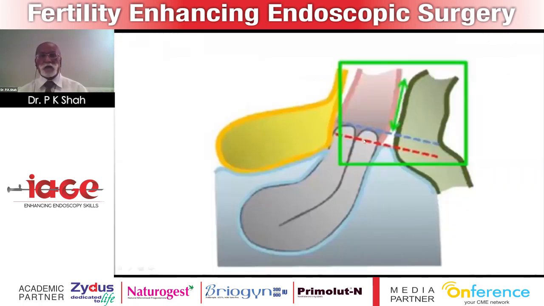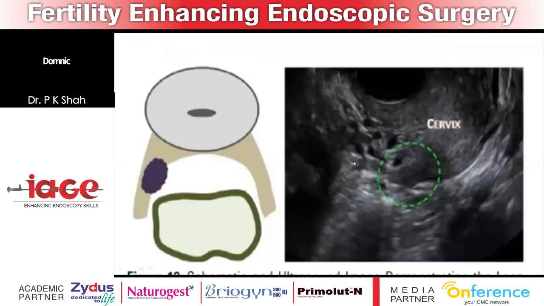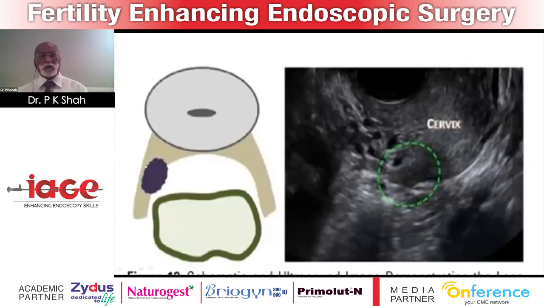Coming to the last part of my talk, and that is deep infiltrating endometriosis below the level of the cervix, behind the cervix in the pouch of Douglas and anterior to the rectal wall. You can see here on the left uterosacral ligament a huge nodule on ultrasound.